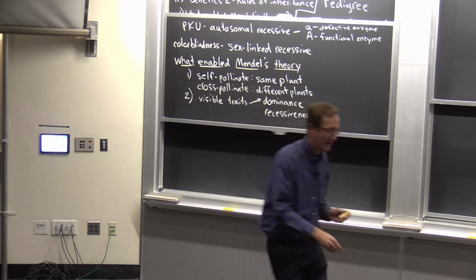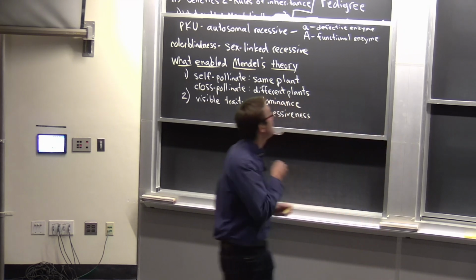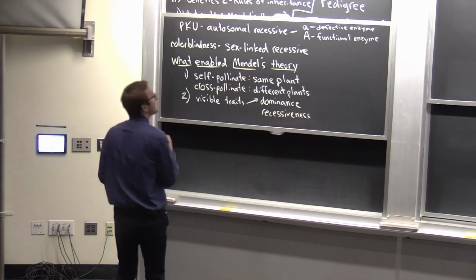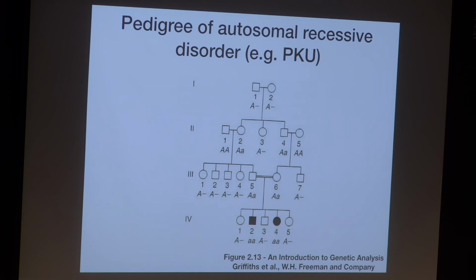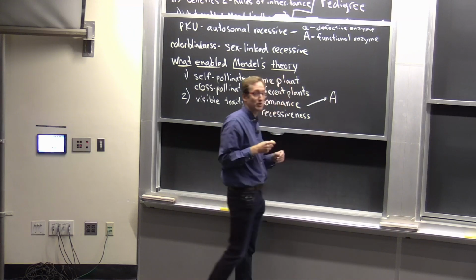Okay, and if we go back to our example of PKU, you can see how this human disorder, the genes that determine this disorder, the alleles have a very clear dominance or recessiveness. The dominant allele is often denoted with a capital letter.